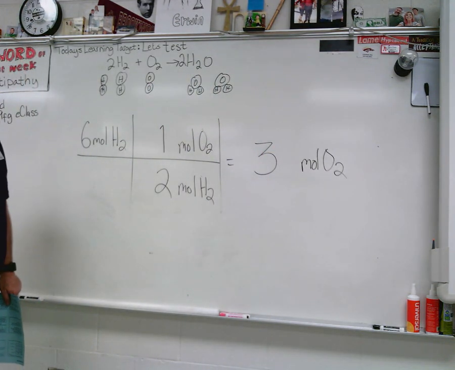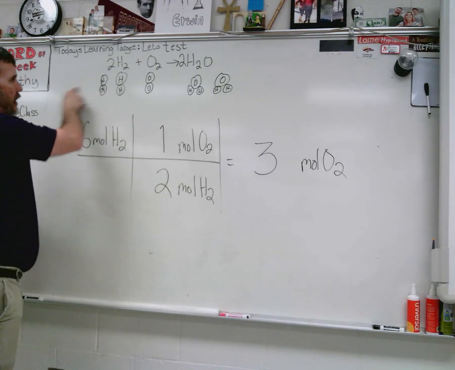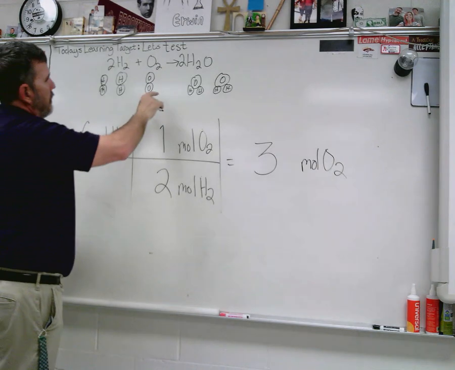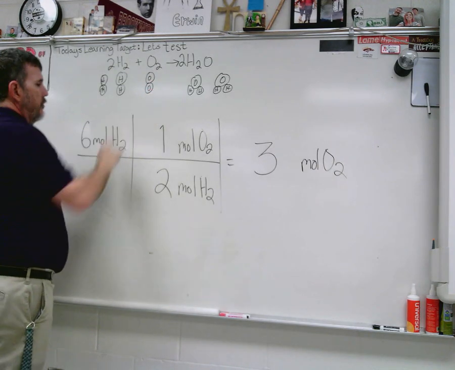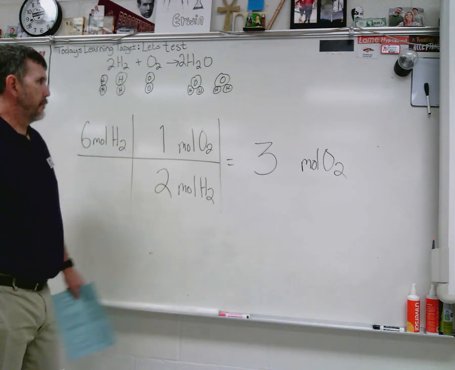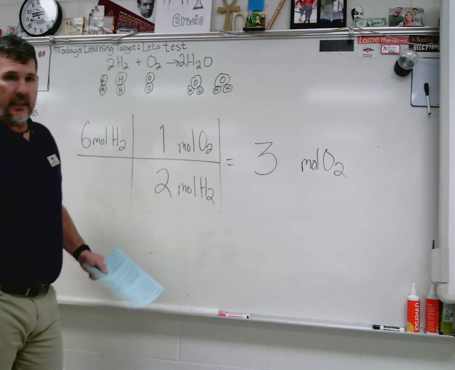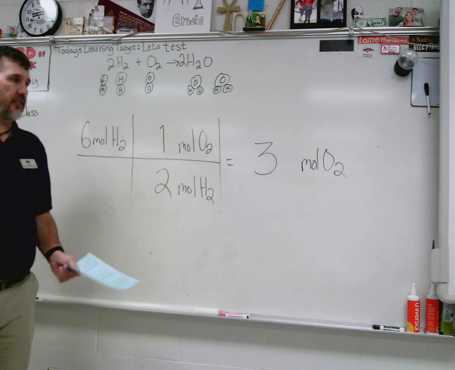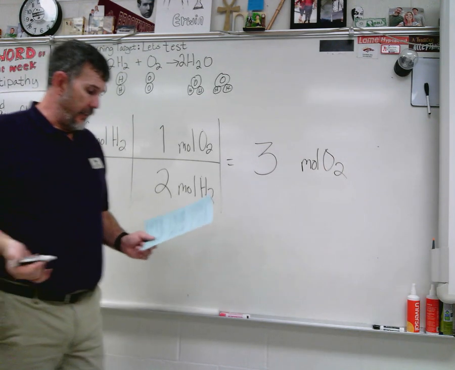And I can actually do that. Like I could draw 6 molecules up here and it would take me 3 molecules of oxygen. We can see the ratio is 1 to 2, 1 to 2, right? So it's pretty easy to kind of simplistically understand that this is basically a ratio.